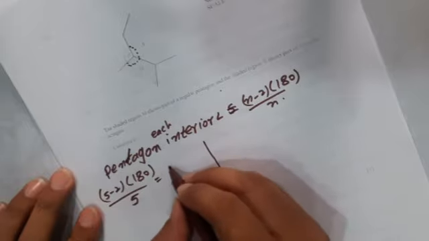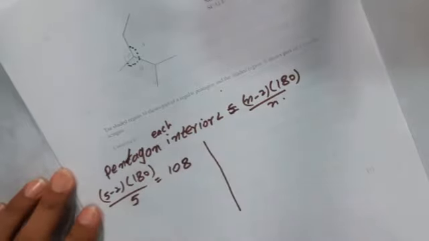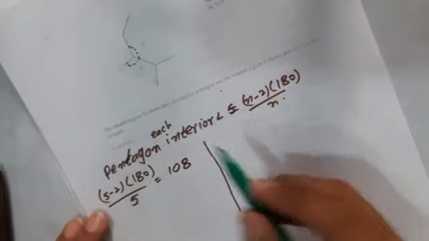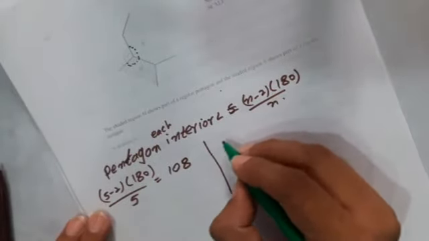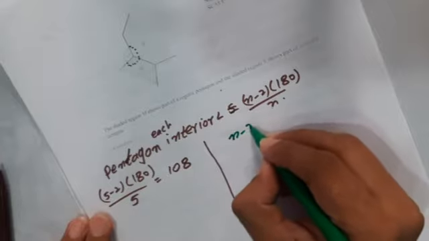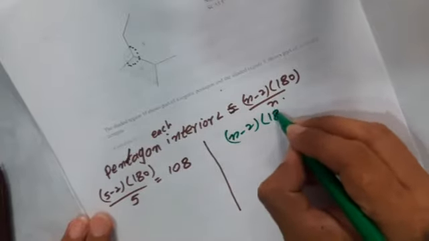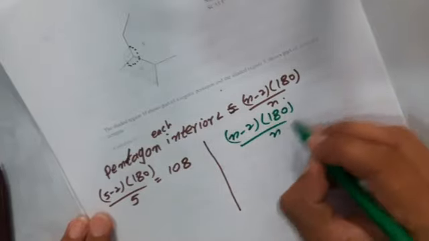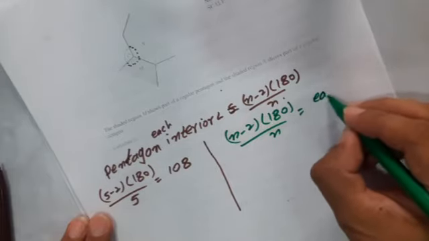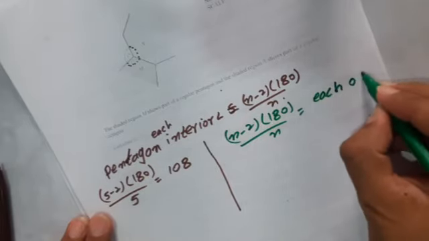This will become 108. So the formula for the octagon is (n minus 2) times 180 over n, for each interior angle of the octagon.